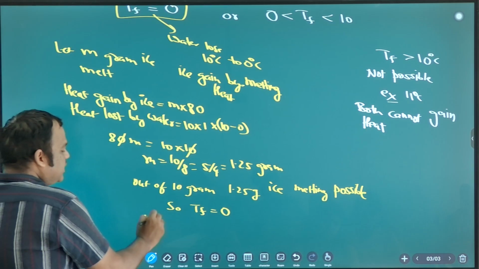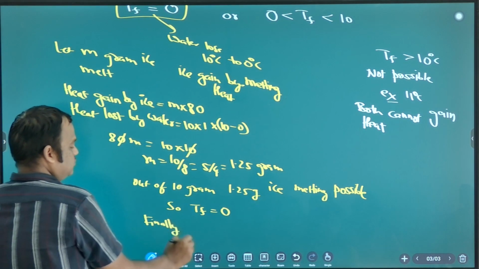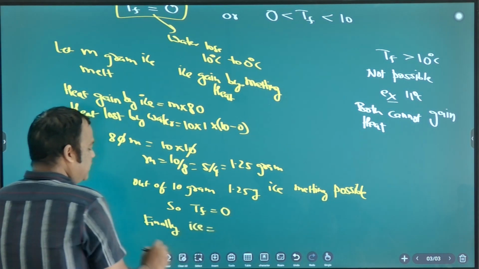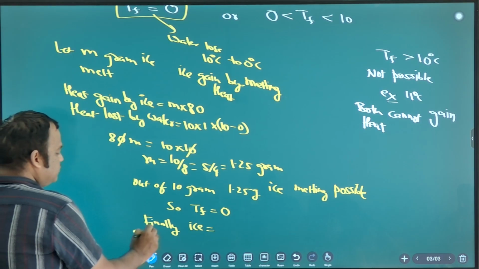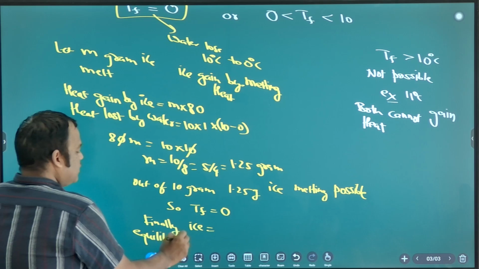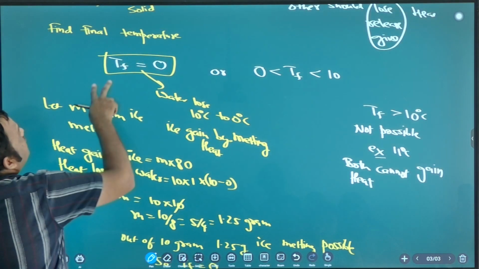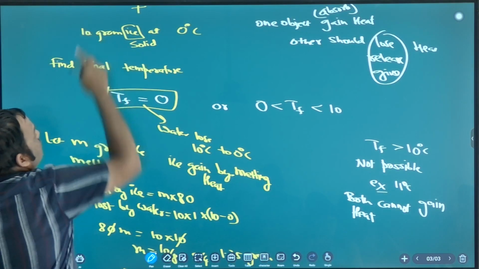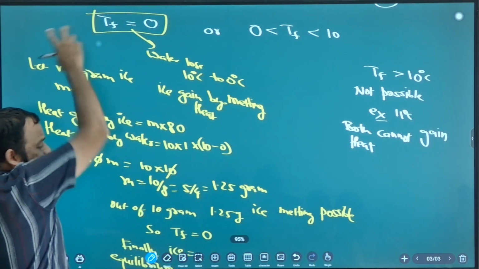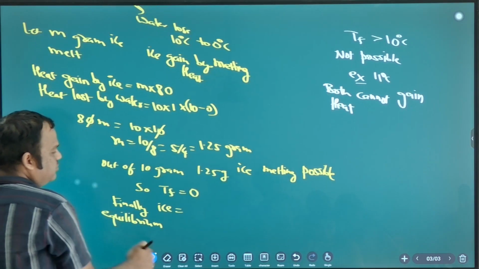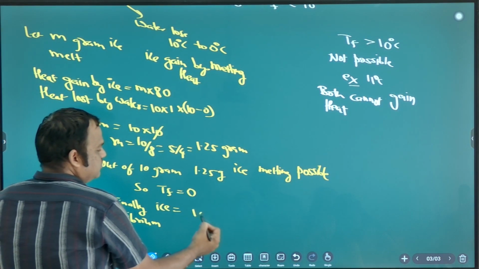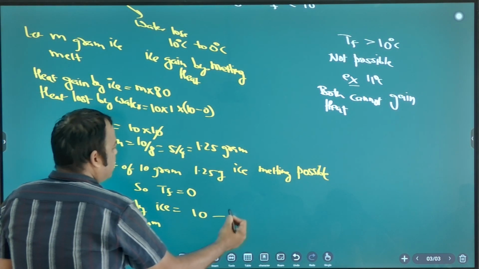And finally, how much ice is there? How much ice finally in equilibrium? Initial ice is 10 gram. Now how much melted? 1.25. So what is the final ice? 10 minus 1.25.